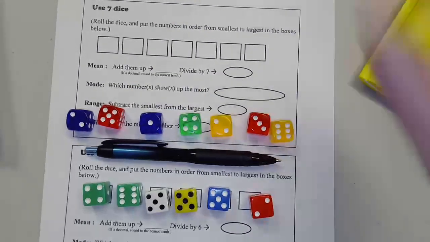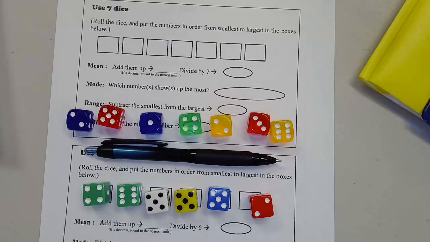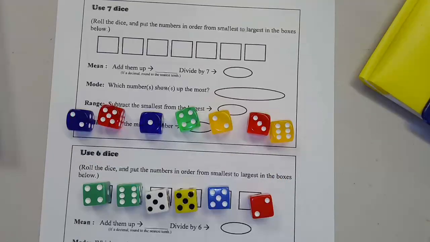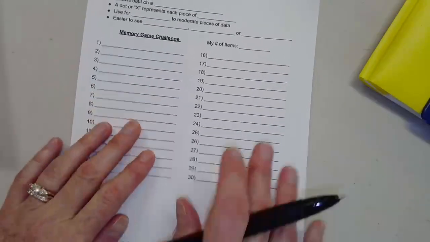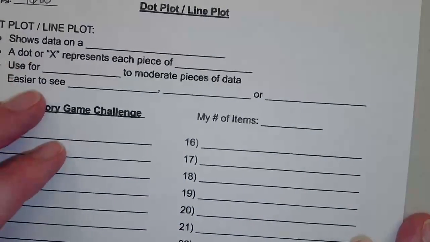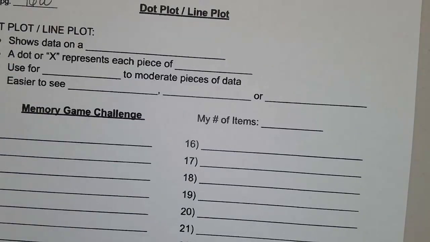Okay, I could just give you a whole list of data where it would not be as interesting as if we created our own list of data. So what we're going to do is this. We're going to talk about the dot plot, line plots that you picked up, that small sheet. Looking at this, a dot plot, line plot, different names, same thing.